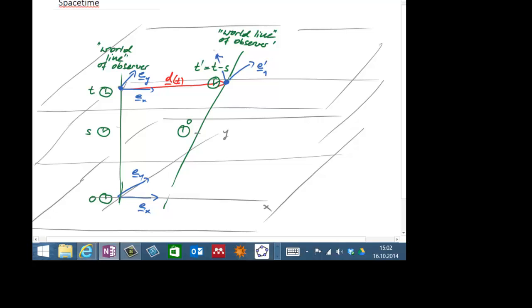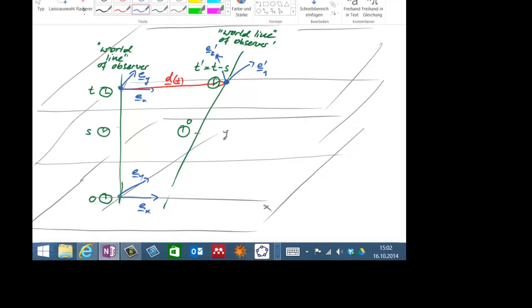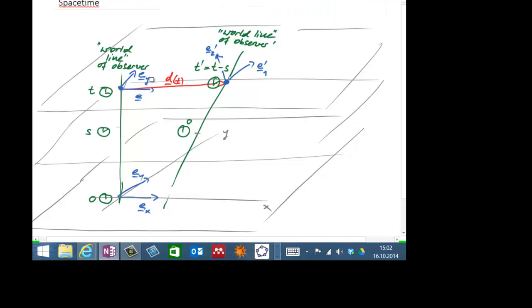I just caught myself, I should again call them E1 and E2, sorry. It doesn't make a big difference, just for consistency. So we have here E1, E2, E1, E2.